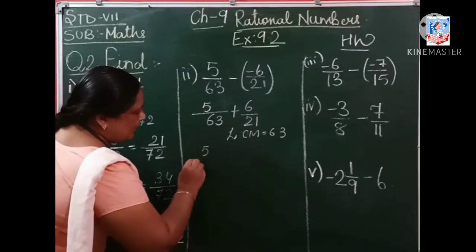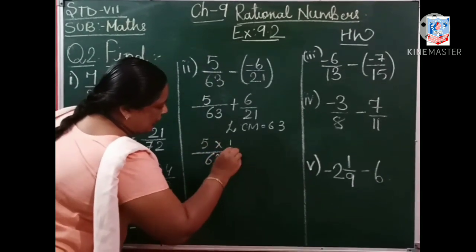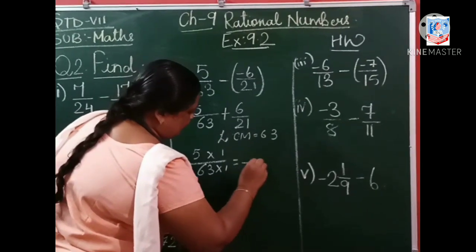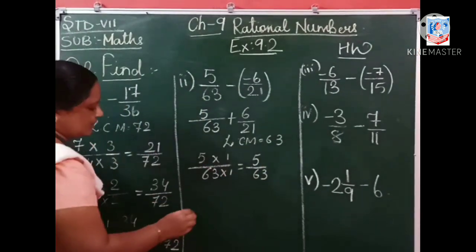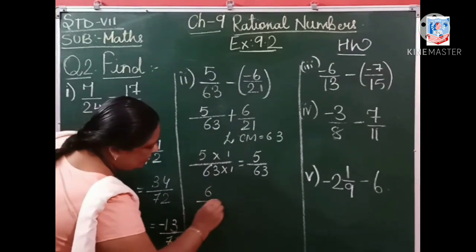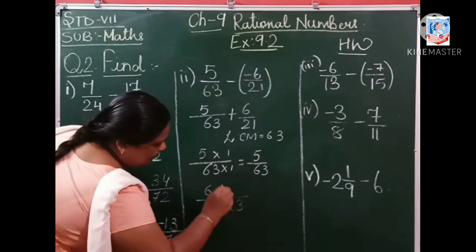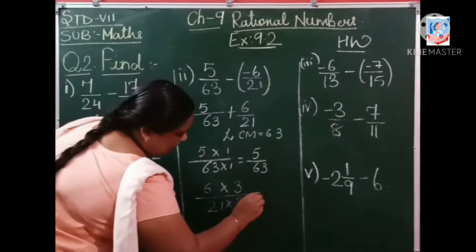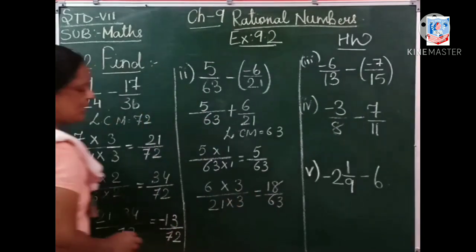So 5 by 63 into 1 is equal to 5 by 63. Next 6 by 21. You will multiply 3 with 21 to get 63, and 6 3s are 18.